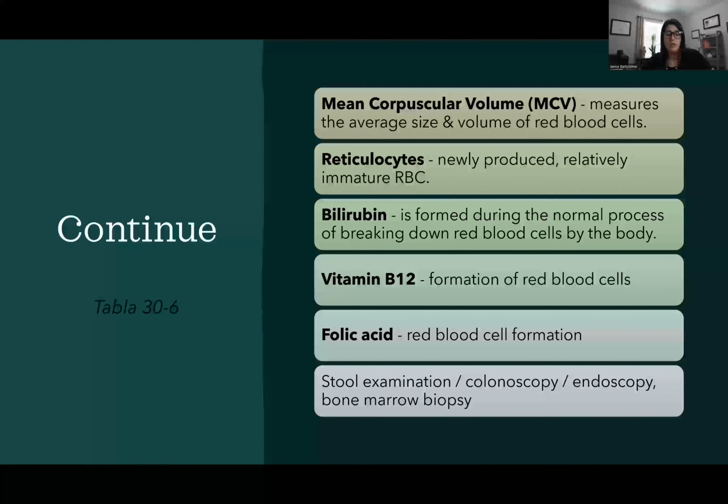In addition, they could do a colonoscopy or an endoscopy, or test your stool for blood, to see if maybe the bleeding is coming from an ulcer or cancer of your intestine. And last is a bone marrow biopsy, to see if perhaps your bone marrow is acting up and maybe you have other conditions such as cancer of the blood.